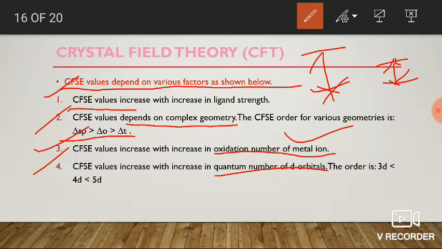That is, as the quantum number of the d orbital increases, the crystal field stabilization energy also increases. So 5d has higher CFSE values than a central metal ion with 3d orbitals. Okay, fine. These are some factors which influence the CFSE values.